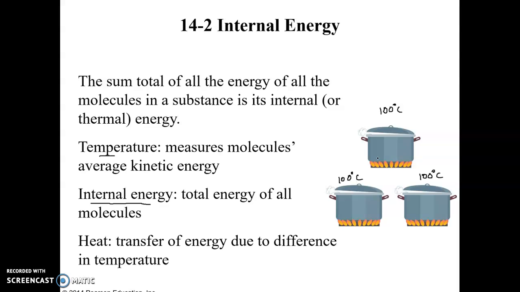They all have equal temperature. But if I have 3 pots of boiling water, I've got 3 times the amount of energy. And heat, let's remember, is the transfer of energy due to the difference in temperature. So if the energy here were to transfer out of the system, that would be heat.